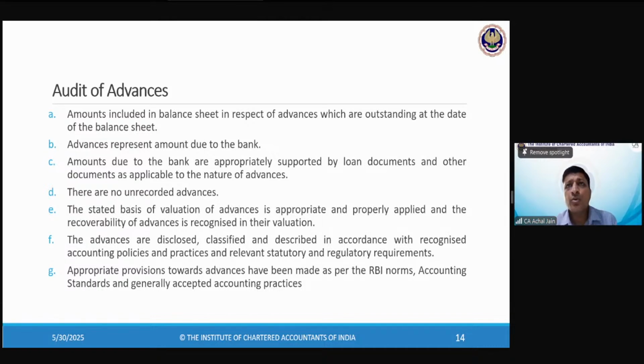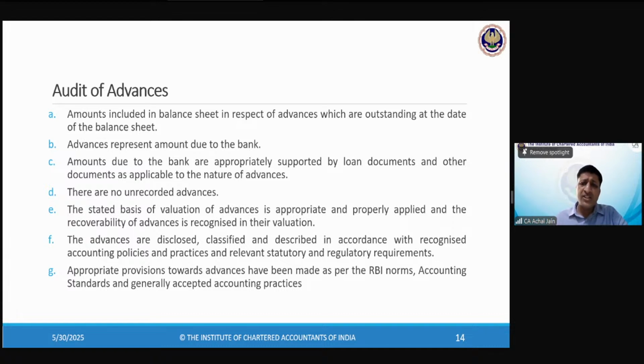Now, in relation to those classifications, there are different classifications, if you remember, that we looked at for the advances. Can you just help me understand what were those classifications? What are the various ways through which advances could be presented in the financial statements? And also, are those presentation requirements mandatory or optional?